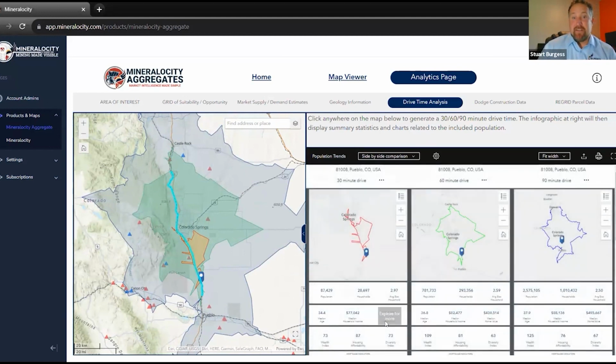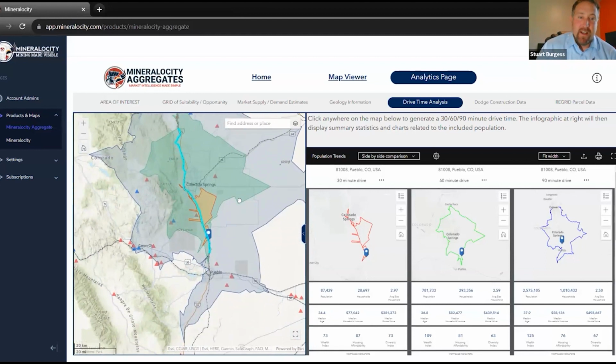We've got a population of 87,000 within a 30-minute drive, 781,000 within a 60-minute drive, and over 2.5 million within a 90-minute drive. So the truck market alone could sustain this operation at a high level for a number of years. And with the rail options, that stretches even further, which is awesome.